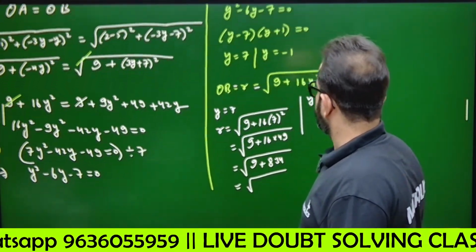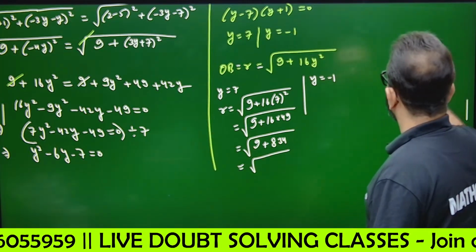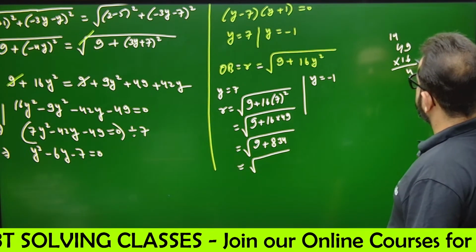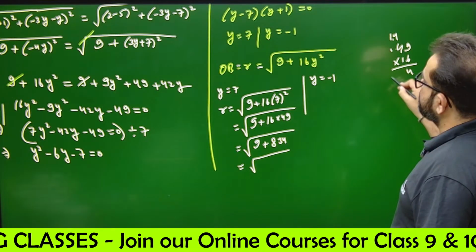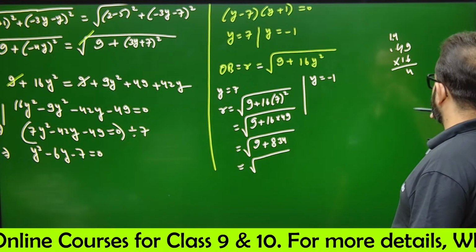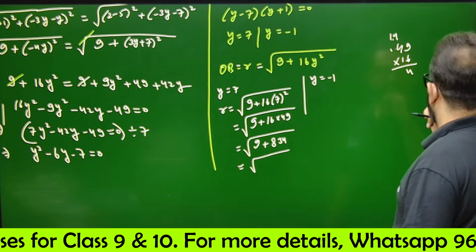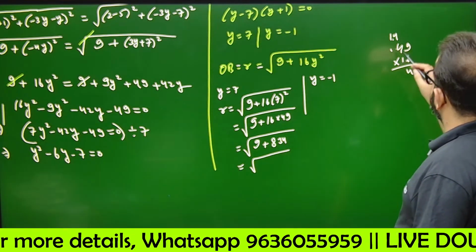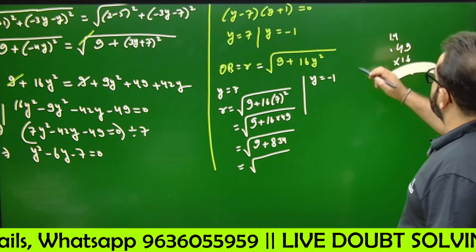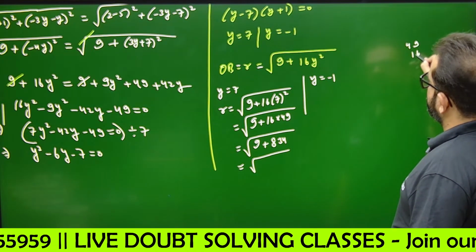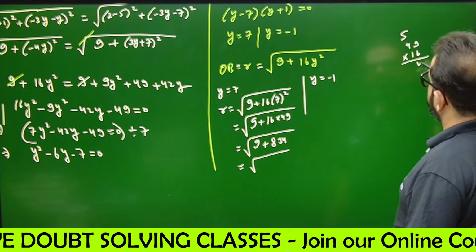Okay, right. So 16 into 49, I'll do it like this also to cross check. 6 9s are 54, 16 4s are 64 and 14, it will be 784. Let's check again what I'm doing. 49 into 16. 6 9s are 54, 6 4s are 24.